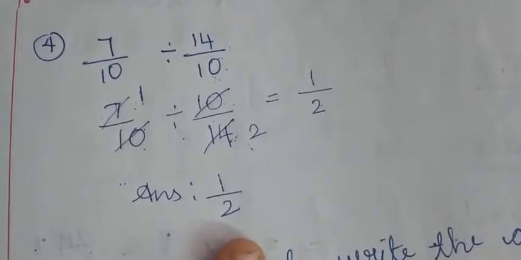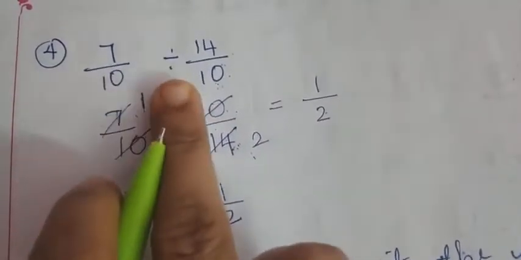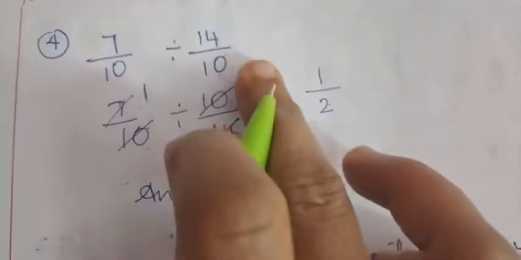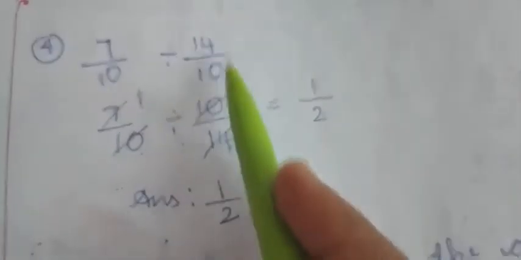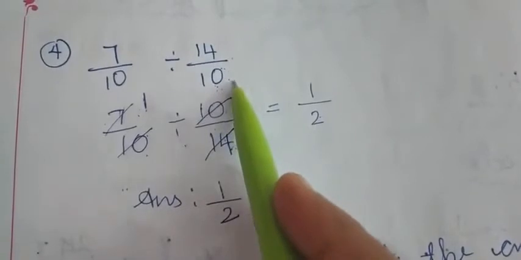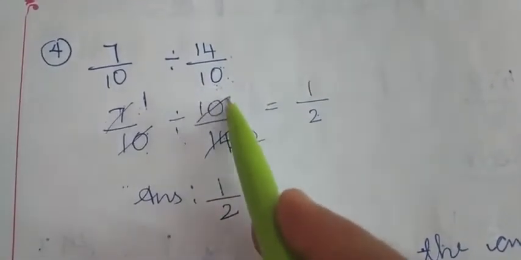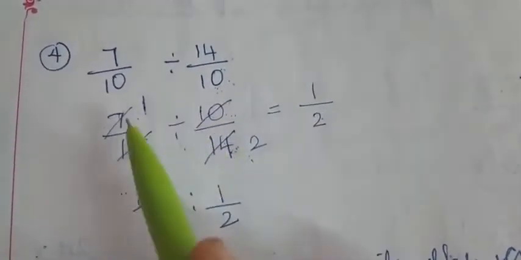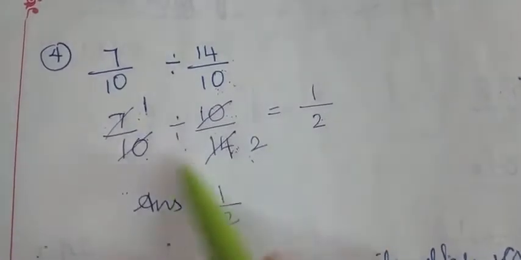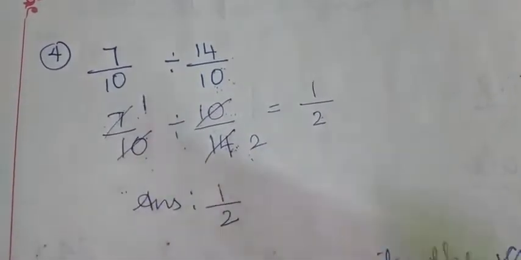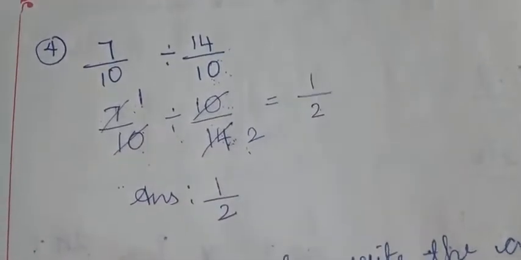Got it, students? I will tell you again. 7 by 10 is divided with 14 by 10. This 14 by 10 multiplicative inverse, we have to write as 10 by 14, so that it is easy for us to cancel and divide with the common factors and write the answer.